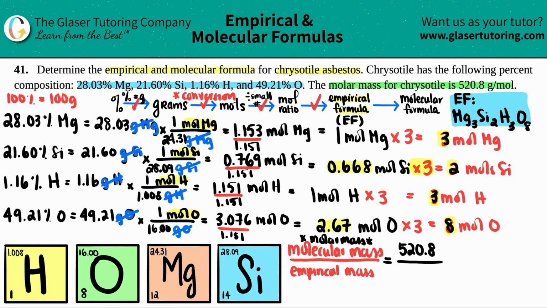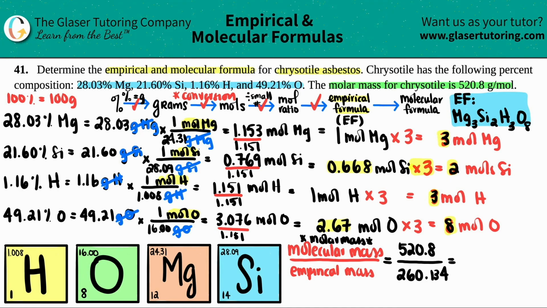I got 2 silicons, so 2 times 28.09. Then comes in 3 hydrogens. And then I got to add that to 8 oxygens. Okay, so my total empirical mass is 260.134.